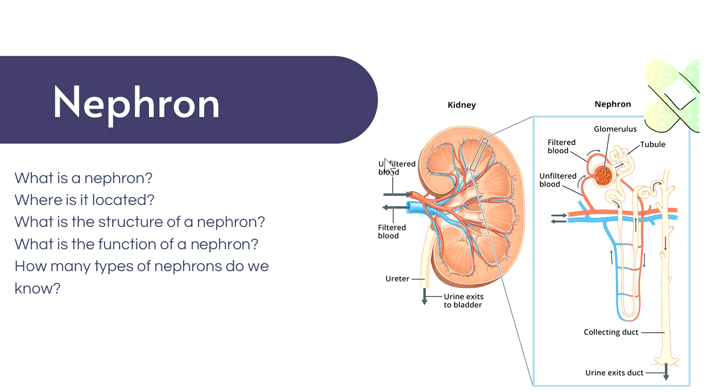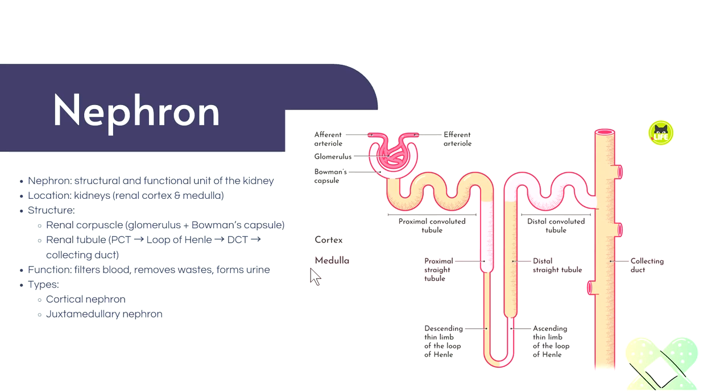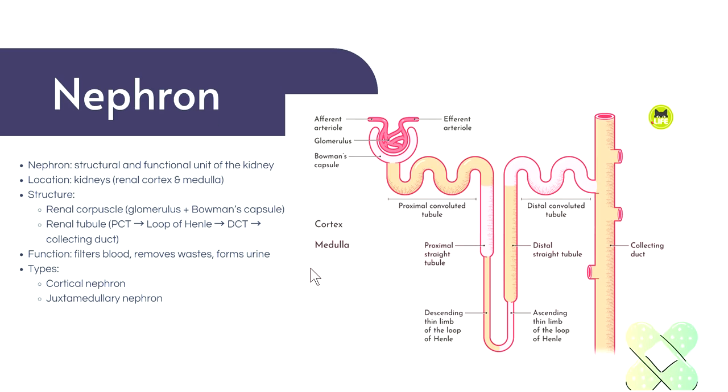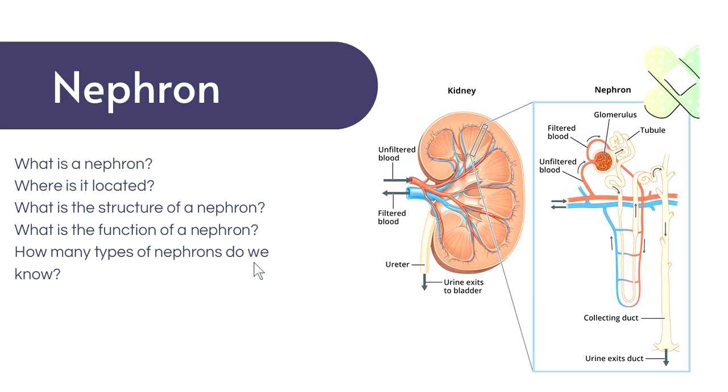Then we have the next question. Where is the nephron located? So, in general, the nephron can be located in both parts, either in the renal cortex or in the renal medulla. The third question is, what is the structure of a nephron?